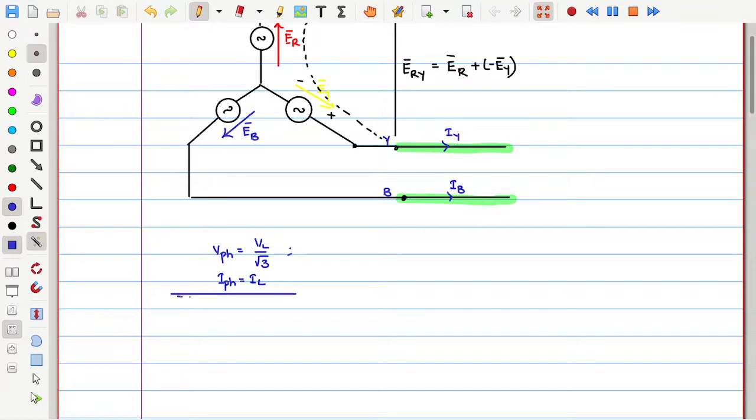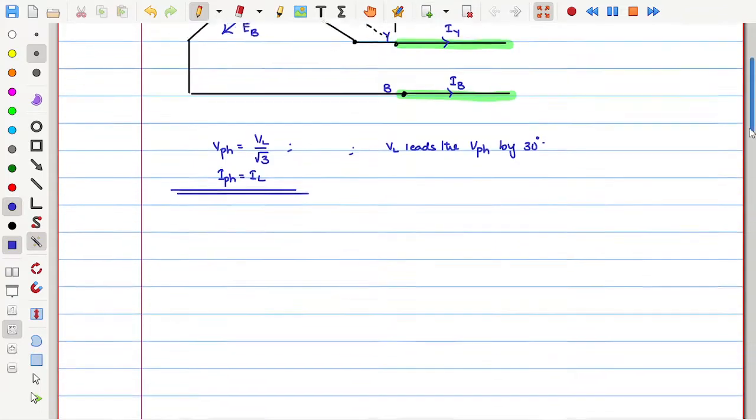Just try to get aware of these two important relationship in the star configuration. And one more thing is that the line voltage leads the phase voltage by how much? 30 degrees. So these are the three important takeaway points out of this star configuration.